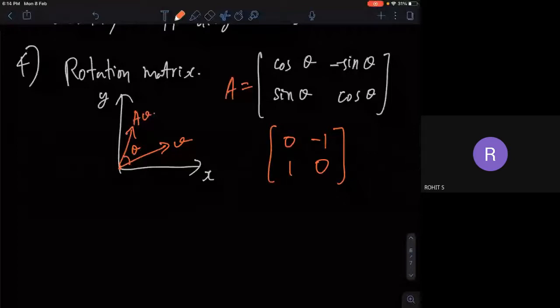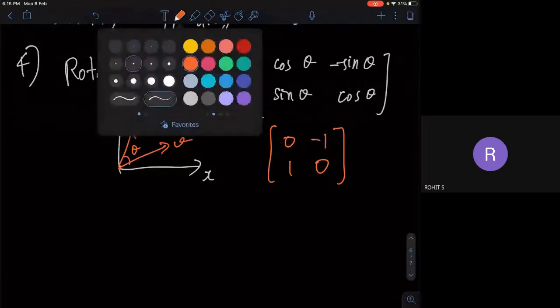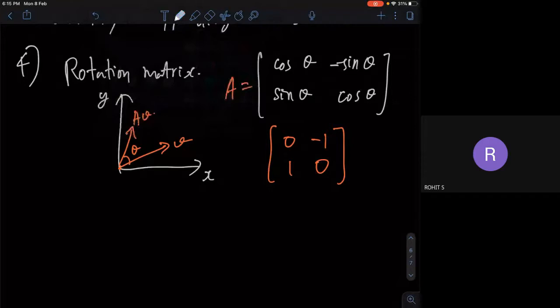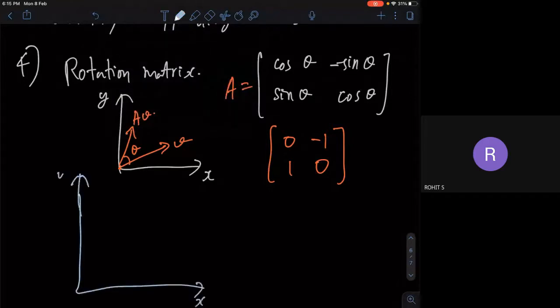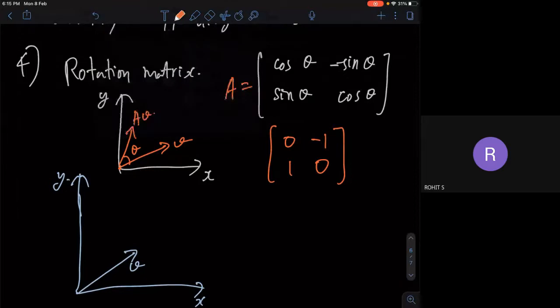See, what is an eigenvector going to be? I am interested in finding a vector v such that when I do AV, I am in the same direction.